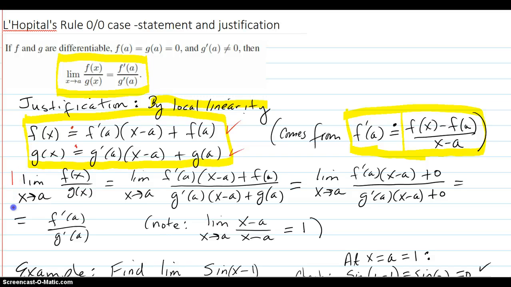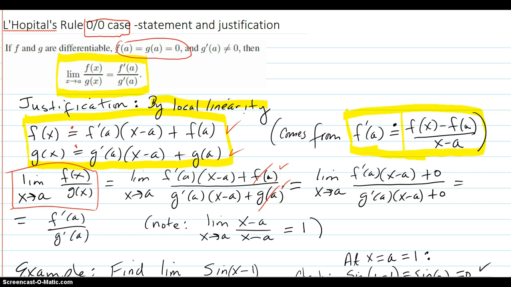we calculate the limit as x goes to a of f of x divided by g of x. We put in those local linearity equivalencies, and then we realize that f of a equals g of a equals 0, so we have a 0 over 0 case, and that's where that terminology came from. So these are just 0, these two here.